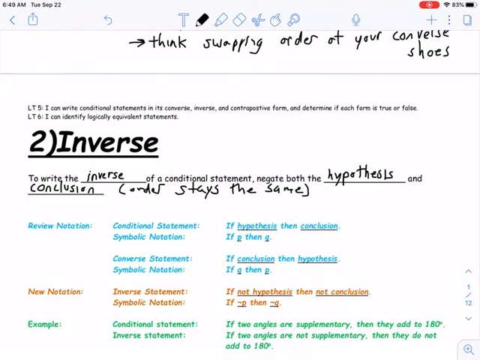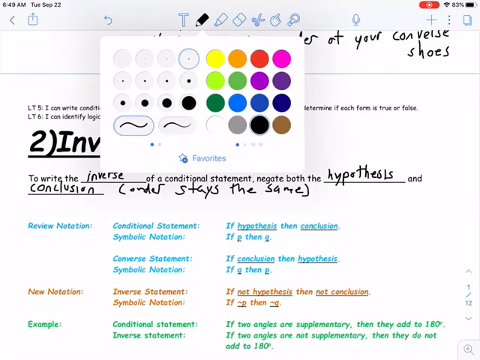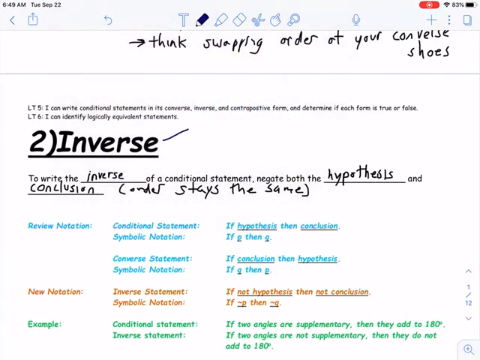Alright, and then how do I remember inverse? I know I'm bad at spelling, but I'm not this bad, but inverse. So think of inverse. Sounds like it starts with the letter N. I know it doesn't. Think about negate. Or not. Okay, that's what negate means. You're just putting not in front of a statement, or removing a not if it exists.